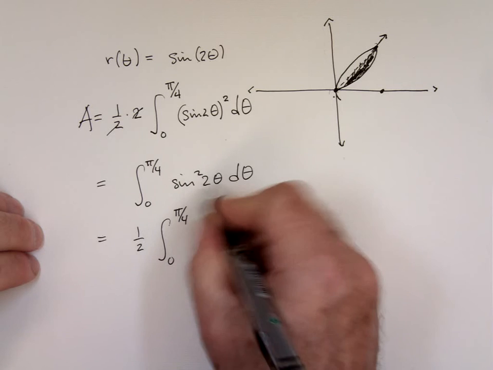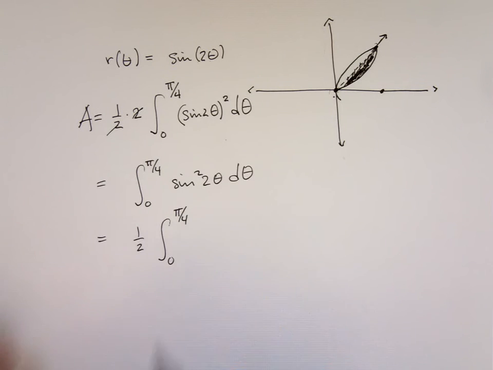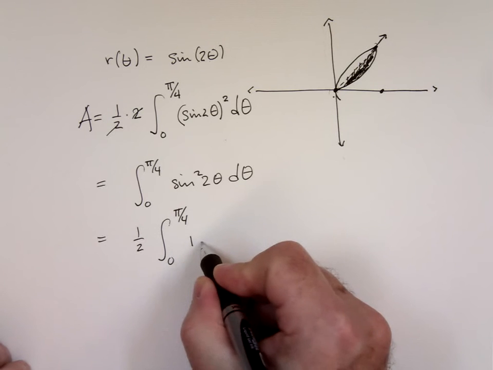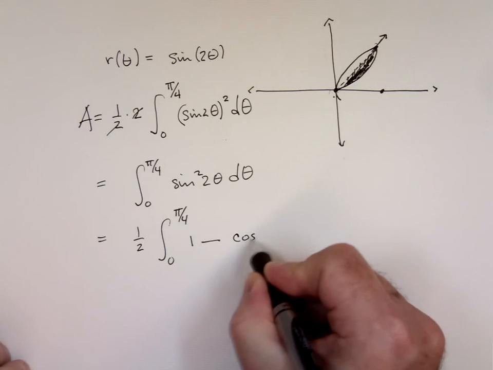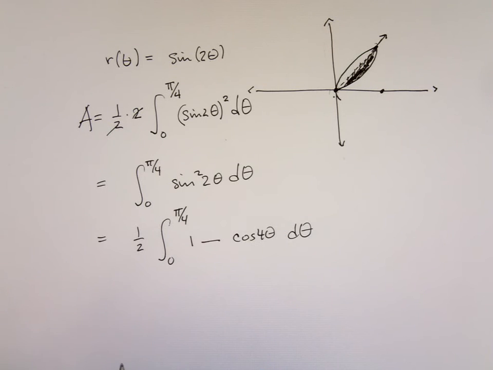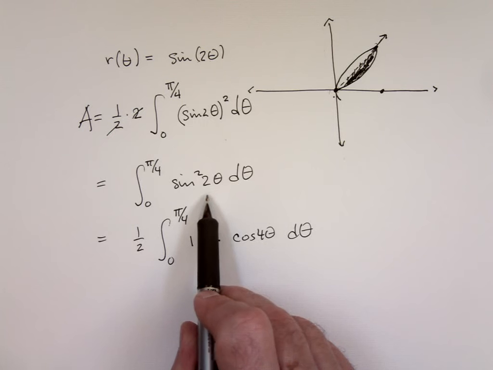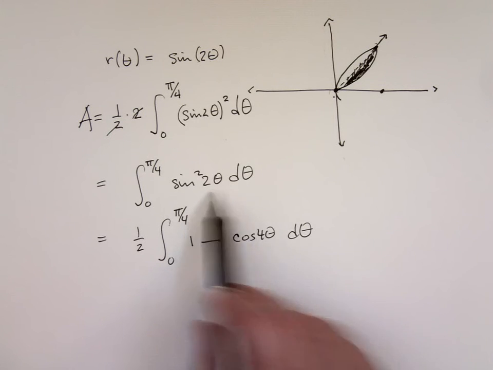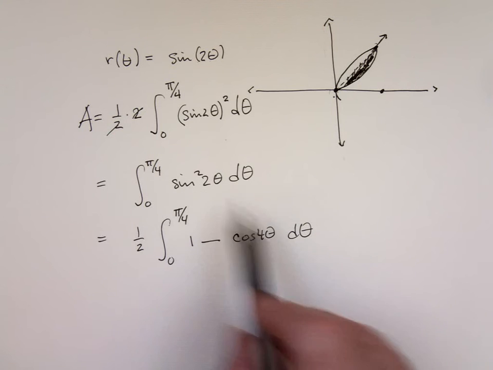What does this become? 1 minus cosine of 4 theta. Perfect. Nicely done. It's a 4 theta, it's double that argument. It's 1/2 the quantity 1 minus cosine 4 theta. If that had been sine squared theta with no 2, you'd have a 2 here. With a 2 here, it becomes a 4.